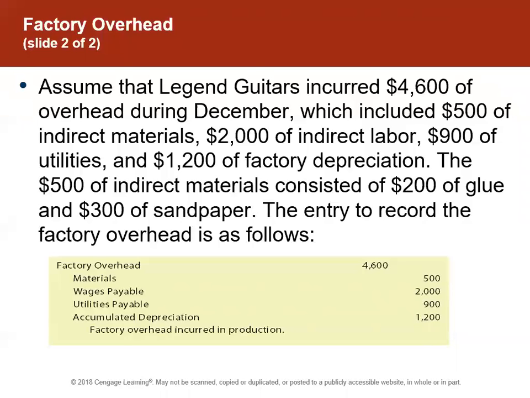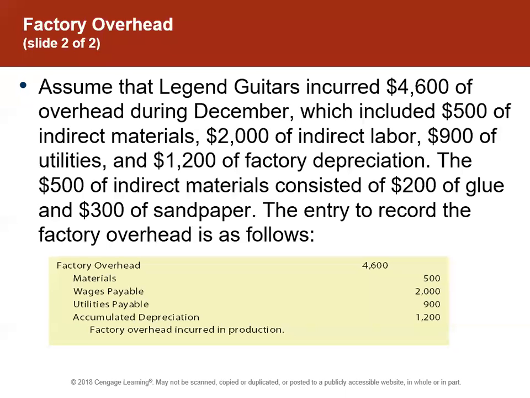All of these are actual costs of overhead in the month. So all of these actual costs get debited to factory overhead. Okay. That's at the end of the month.